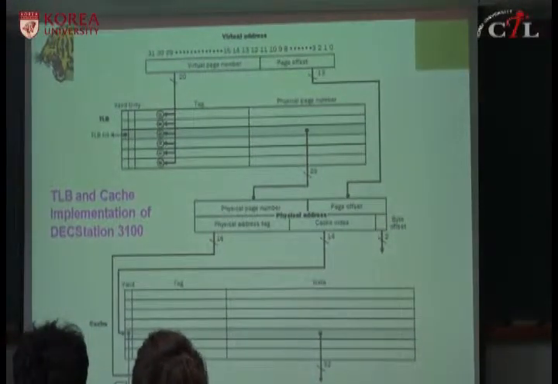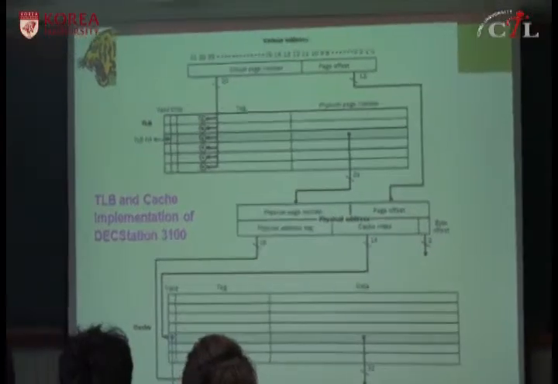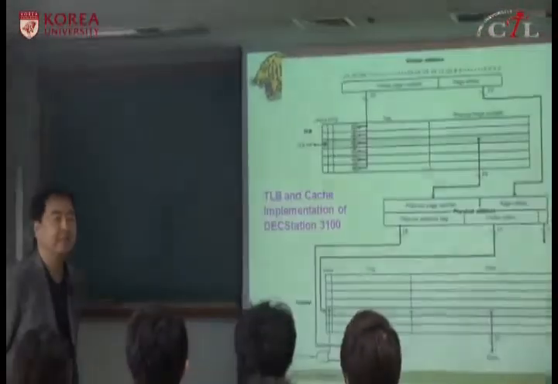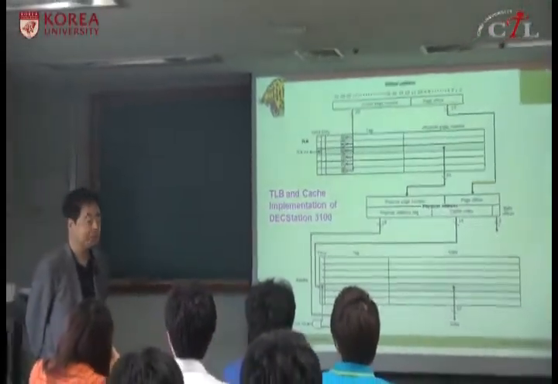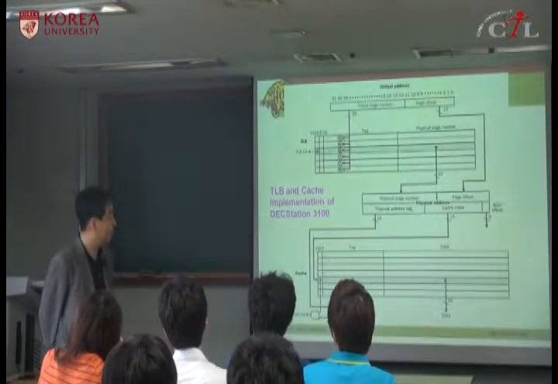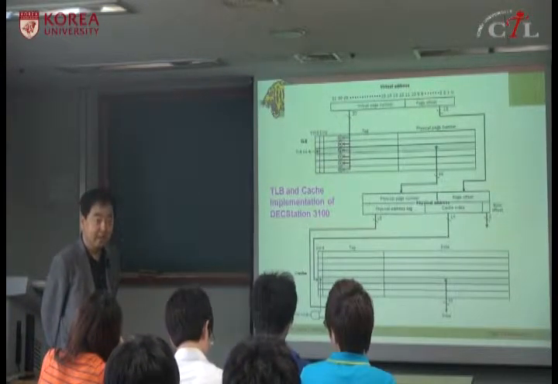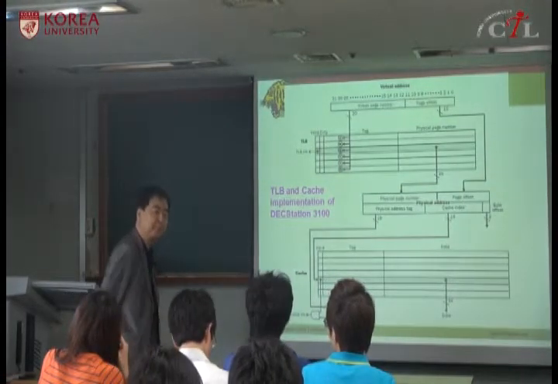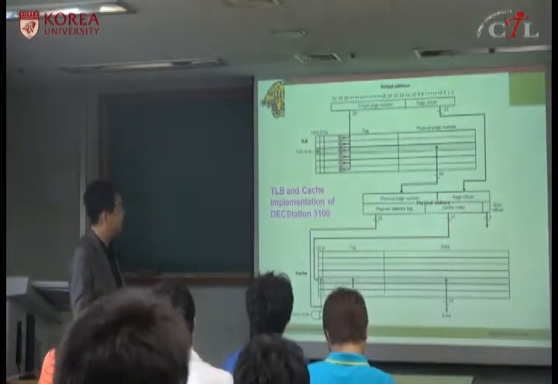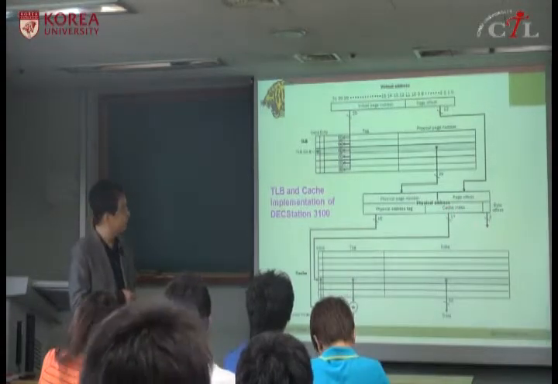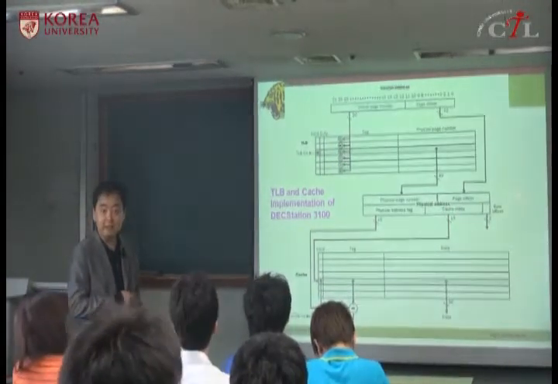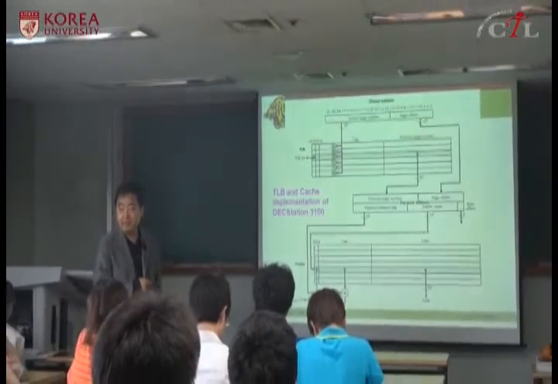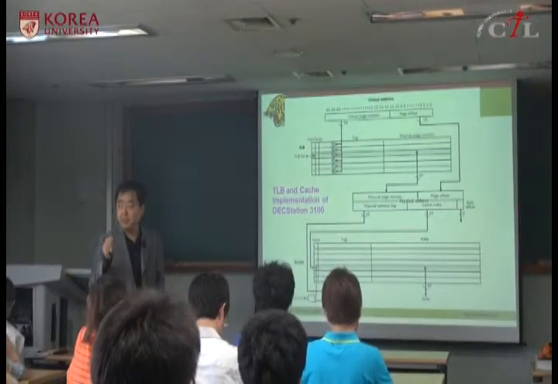How many blocks? 2 to the power of 16? No, 14. The index says 14 bits, and this is direct mapped, so each set has only one block.